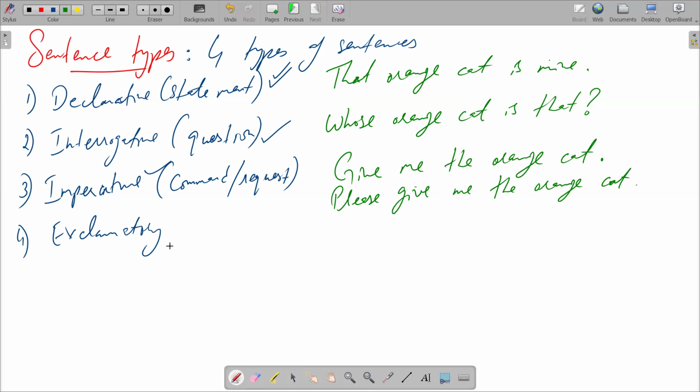And an exclamatory sentence is one where there's a show of emotion, and there's an exclamation mark. It also doesn't need to be a full-on sentence. Something like, that's an orange cat! Again, we're not talking about the context where this would be said this way.